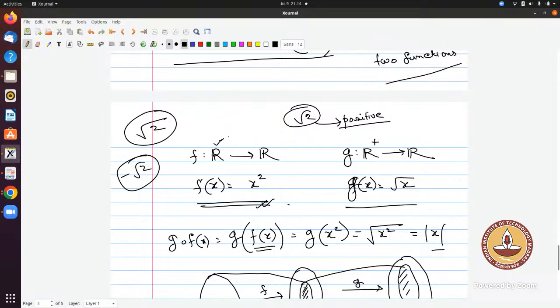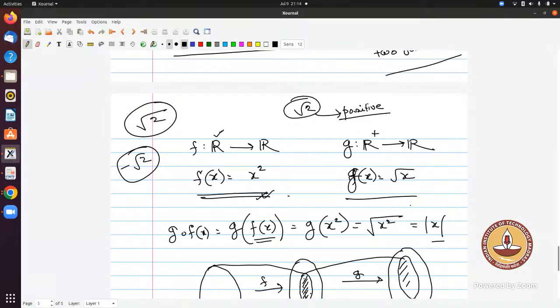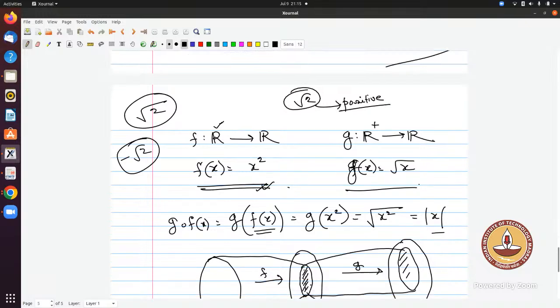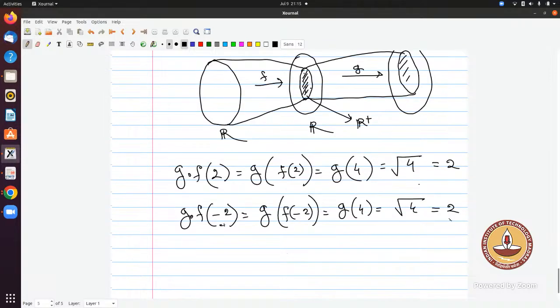Many of the students make this mistake. Whenever I am talking about the square root of x, I am talking about the positive square root. If I give you a negative sign here, then this is the negative square root. Otherwise, it will not be a function. But the point here is different. If I take 2, g compose f of 2, the value is coming as 2. But if I take a negative number, say minus 2, then also after doing this composition, I am getting 2.